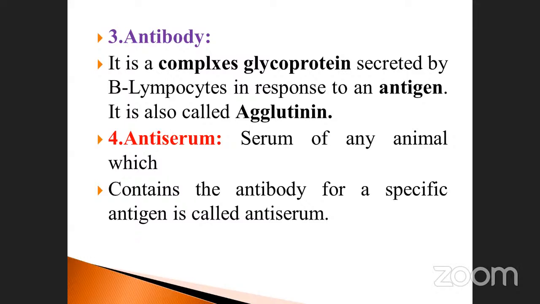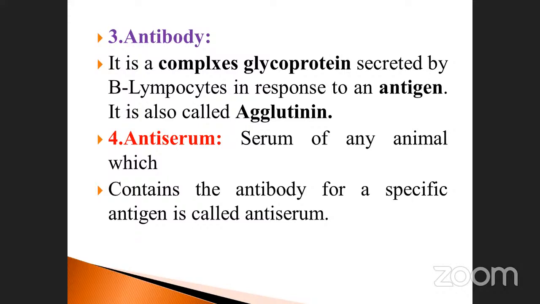Diagrammatical aspects: B lymphocyte in response to an antigen. It is called agglutinin. When the antigen and antibody pair exactly, as a result the clumps take place. The clumps are called agglutinin, and that process is called agglutination.